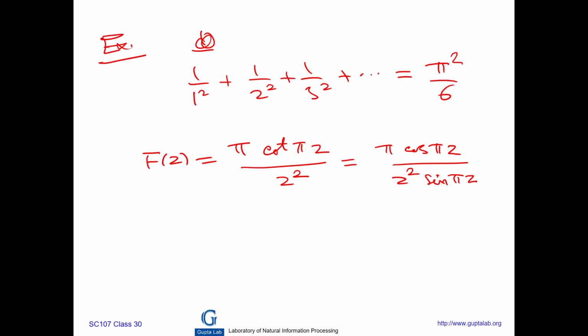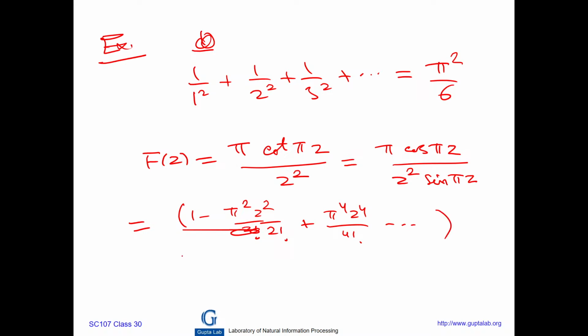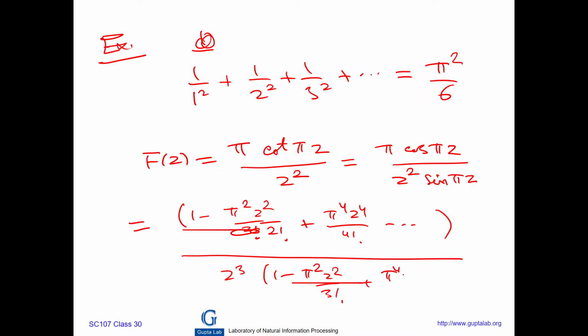Z square. Okay, then I expand this. This is nothing but 1 minus pi square z square divided by factorial 2 plus pi raised to power 4 z raised to power 4 divided by factorial 4 and so on, minus, divided by z cube, 1 minus pi square z square divided by factorial 3 plus pi raised to power 4 z raised to power 4 divided by factorial 5 and so on.